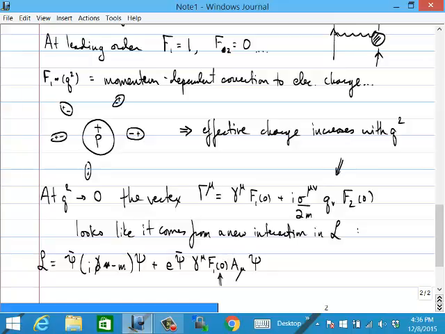And what does this next form factor look like? Well, it looks like it comes from a term e psi bar times sigma mu nu over 2m F2 of 0. And then you have a q nu. But what is q nu? q nu is the momentum of the photon. And when you go from Fourier space to position space, each momentum becomes a derivative. So it looks like d nu A mu times psi.